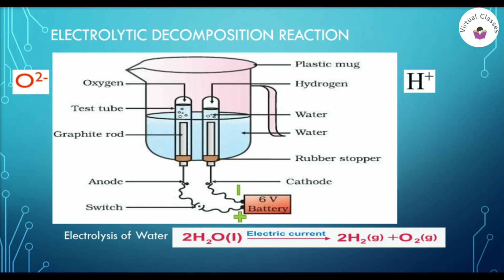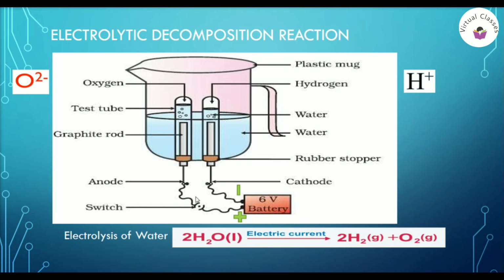Here, water is connected with two graphite rods which are further connected with the two terminals of the battery. The rod connected to the positive terminal of battery is called anode, whereas rod connected to the negative terminal of battery is called as cathode.